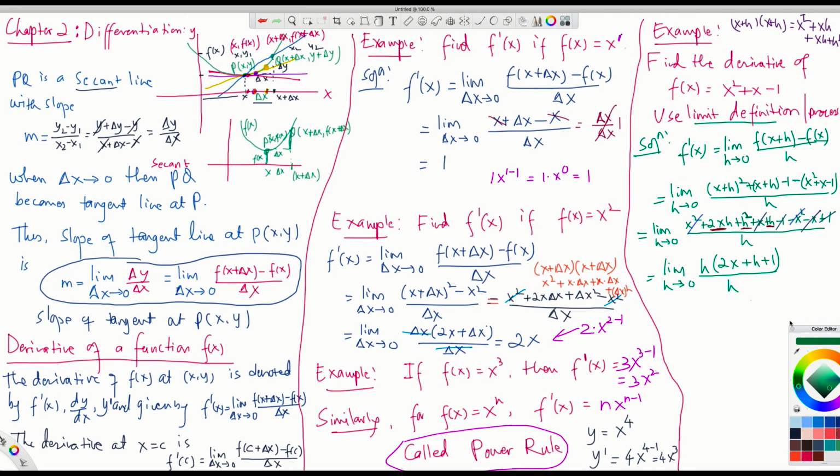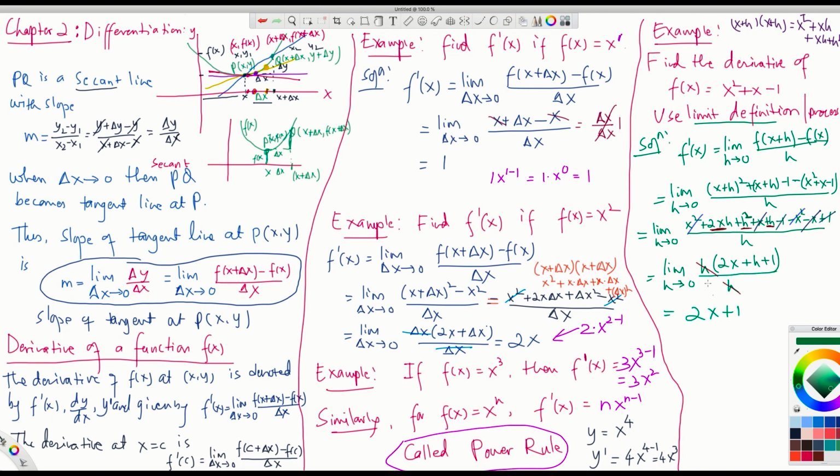Now you cancel that h and h. So what is left is limit h tends to 0 of 2x plus h plus 1. Now you plug in h equals 0, right? So when you plug in h equals 0, you will get 2x plus 1. So this is finding the derivative by using the limit definition.